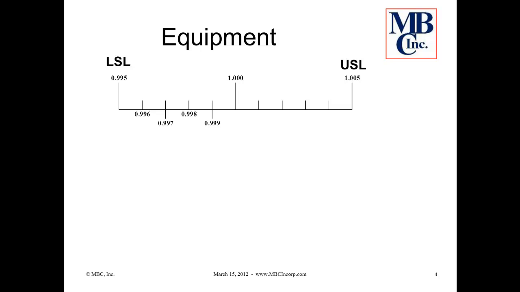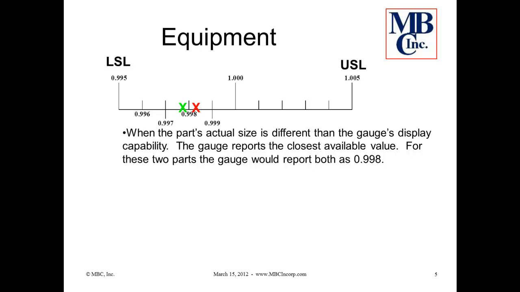Let's take a look at a digital gauge that has a design limitation of the units of measure that it displays. In our example, our gauge is going to display to 1/1000th. So it has the capability of displaying 0.995, 0.996, 0.997, etc. When a part's actual size is different from the gauge's display capability, the gauge reports the closest available value.